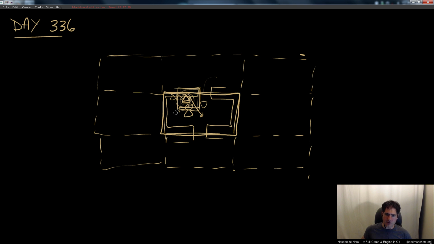Now, there are other things we could consider here, and let me quickly tell you how that goes. The way I have implemented particle systems on previous projects, and this is also how particle systems worked in Braid, is that they're deterministic and based entirely on a single t value.